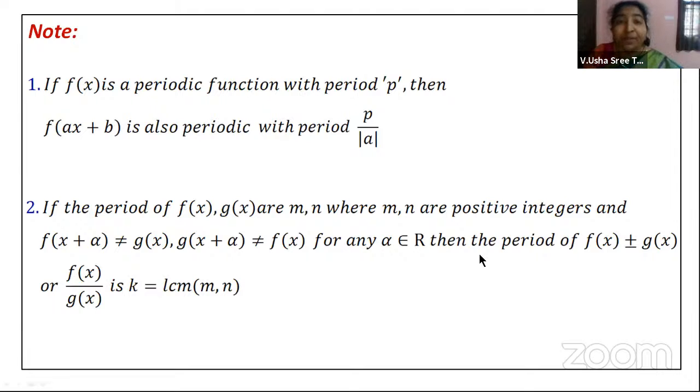So in that case, you will take the LCM of the periods of both the functions. F of x will be sin x, for example, and g of x will be cos x or tan x, any function. Then you will separately calculate the period of the two different functions, then take the LCM of that, and then define the period of the total given function. You will apply the same thing when you have one function by the other, f of x by g of x also.